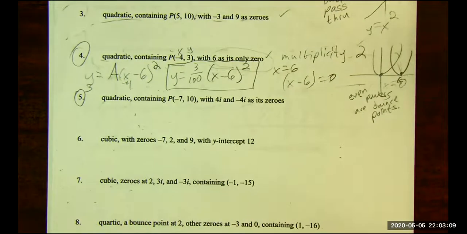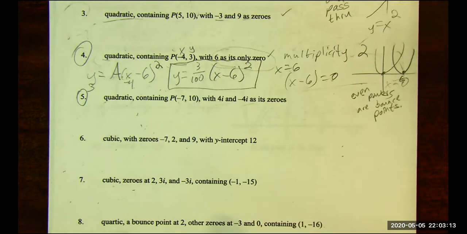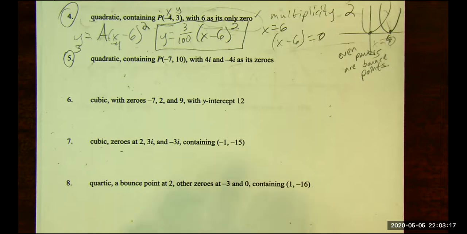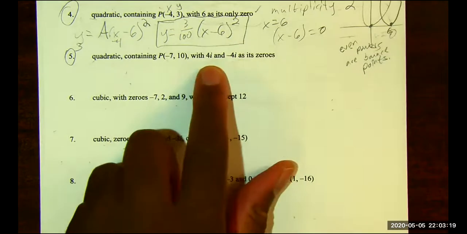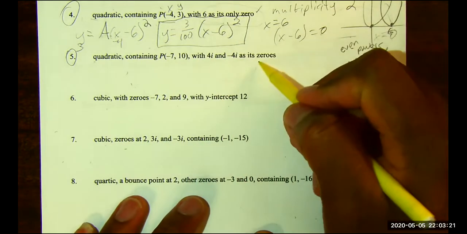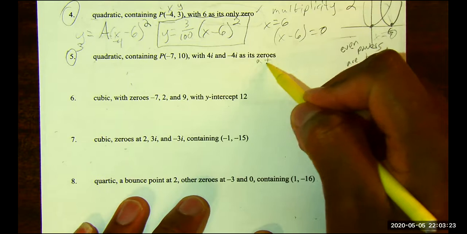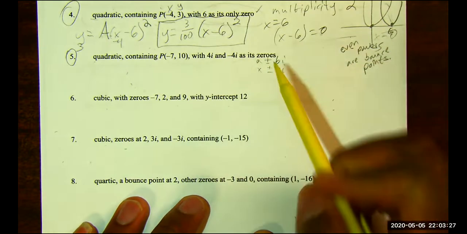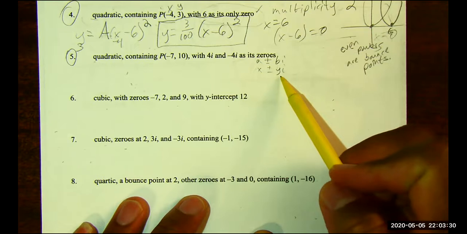1 to 5, let me go over 5. Okay. And quadratic, these are zeros. Complex numbers always come in pairs. Remember, it's a plus or minus bi. You could also have x plus or minus yi. This is the real number component. This is the imaginary component.